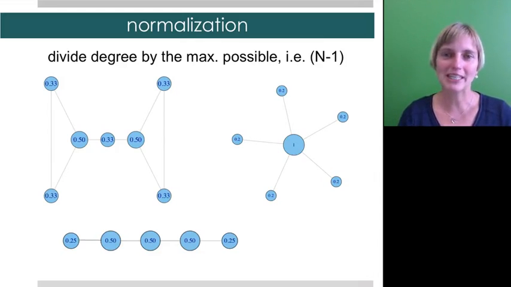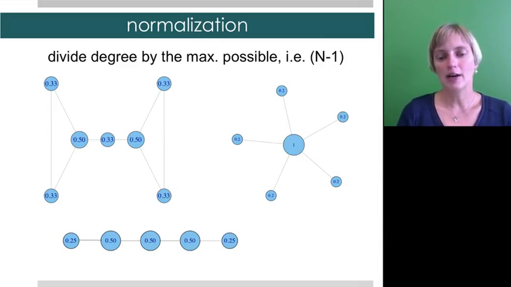Because you're not going to be connected to all the other nodes. That's ridiculous. But a lot of social network analysis software does like to normalize, so I would like you to get used to these normalized scores. And of course, you can just multiply by n-1 to get the degree back, the number of neighbors for each node.